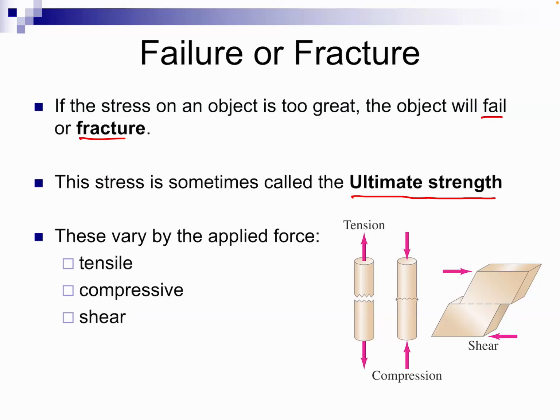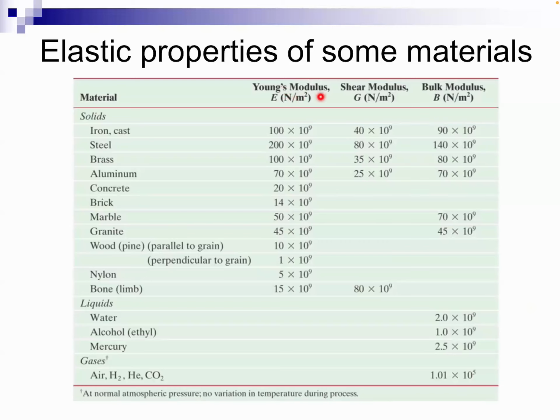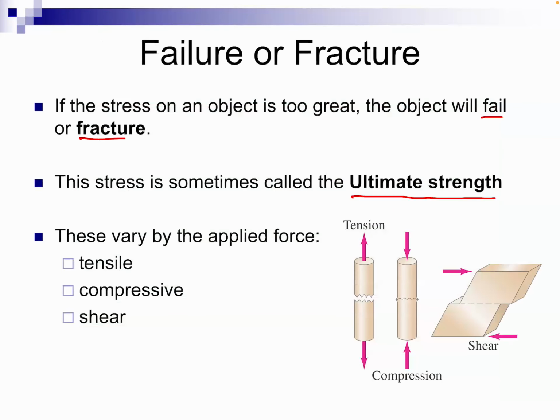And the ultimate stress can be different regarding tensile, compressive, or shear, because as we've seen here, some materials can have different values for their moduli, their resistance to elongation or bending or change in volume. So some materials easily break, in which case you only need a small amount of stress to reach the failure or breaking point.